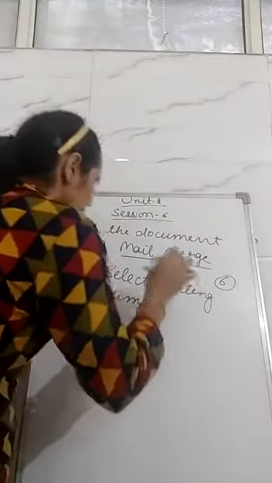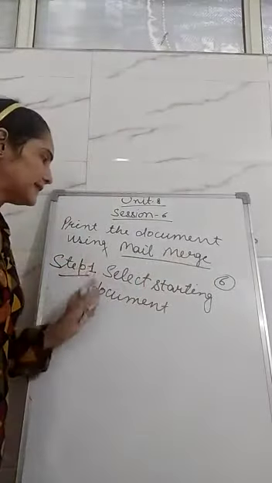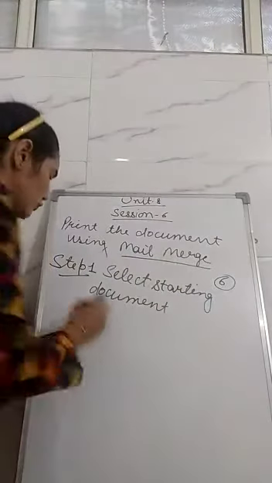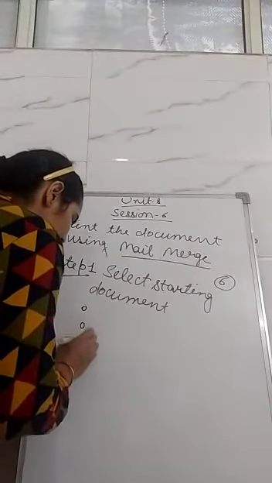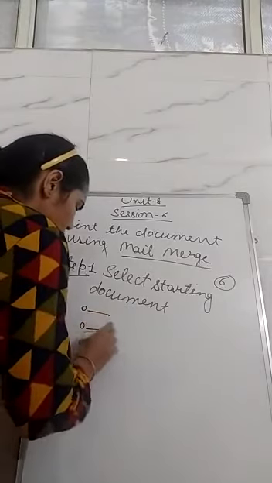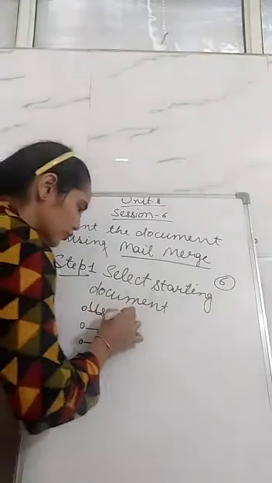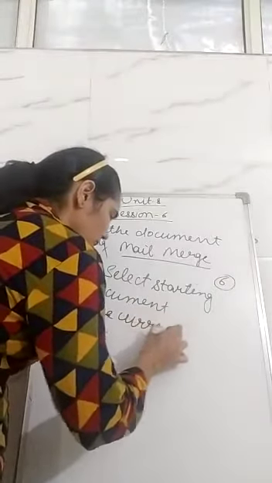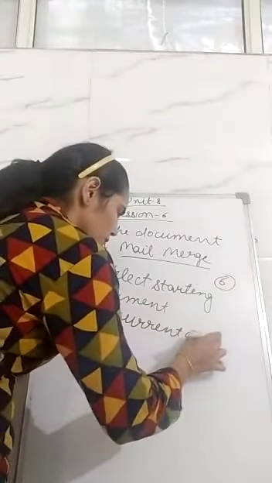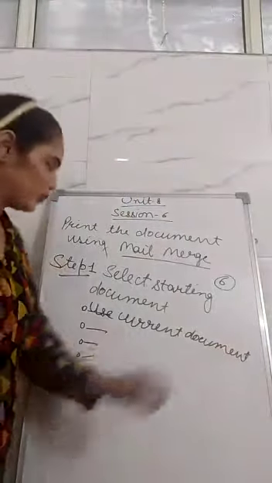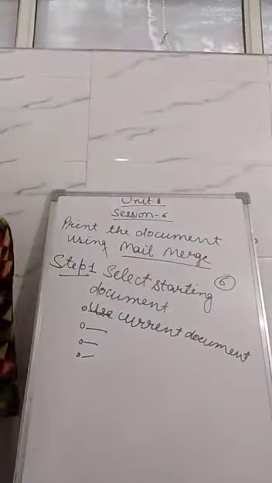When you click on select starting document, you will find there 4 options. First one is use current document. If you want to use the current document, then click on this dot.